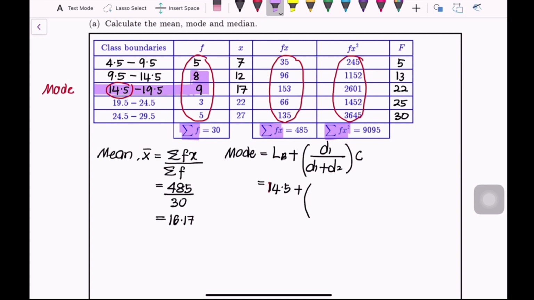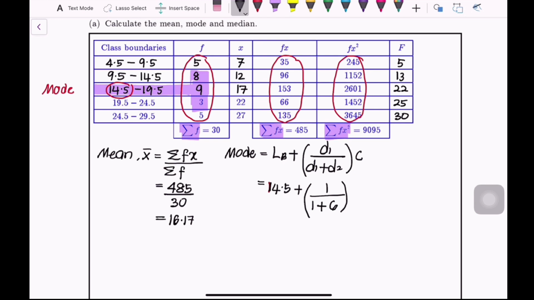So the difference is 9 minus 8 equals 1, over 1 plus D2, the difference between modal class 9 and the next class. So 9 minus 3 equals 6, and C is the class width.